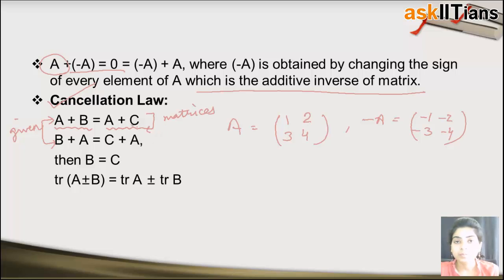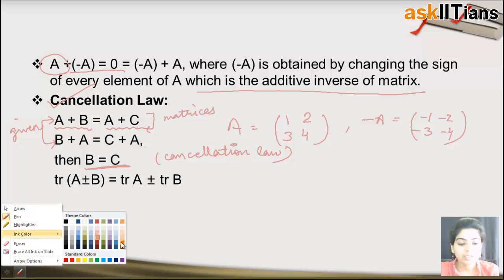So A plus B is equal to A plus C and B plus A is equal to C plus A. Then we must have B equal to C. This is the cancellation law. This is also quite simple, on similar lines as we have in the number system, as we deal with simple numbers, right?